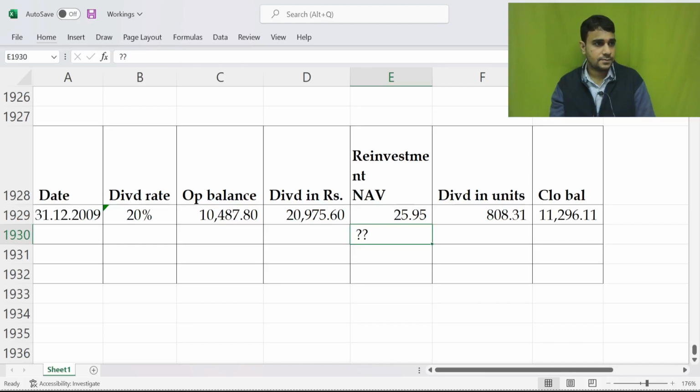Any doubts on this? Clear? Can you proceed? Any doubts? Okay.